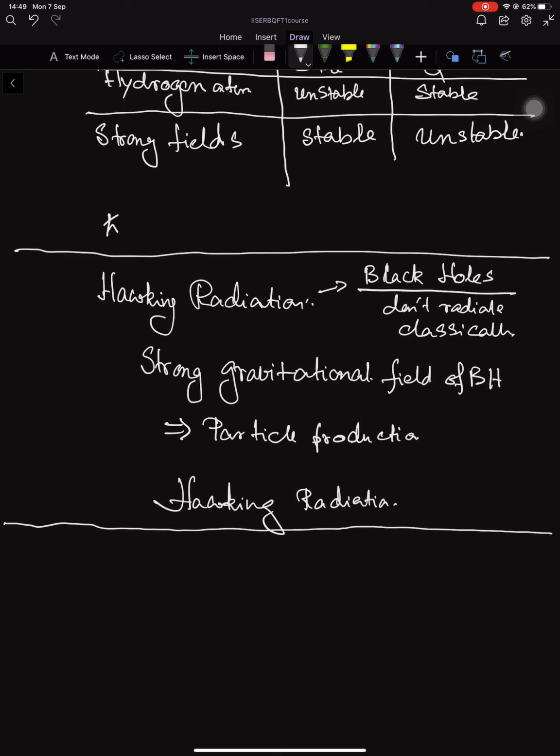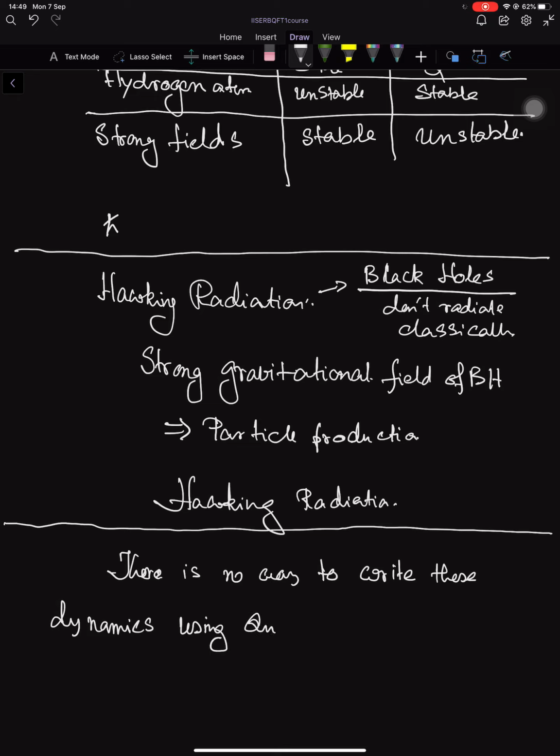The important point here is that because particle number is not conserved, there is no way to write these dynamics using quantum mechanics. Why?